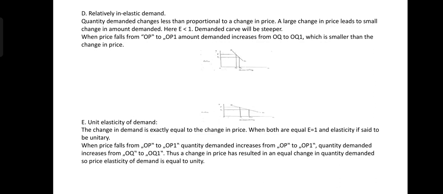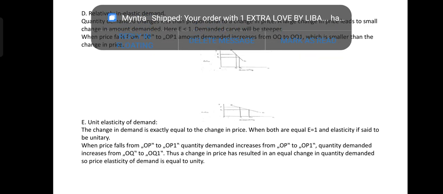Relatively inelastic demand. Quantity demanded changes less than proportionately to a change in price. A large change in price leads to a small change in amount demanded. Here E is smaller than 1, and when price falls from OP dash to OP1, amount demanded increases from OQ to OQ1, which is smaller than the change in price. Unit elasticity of demand.